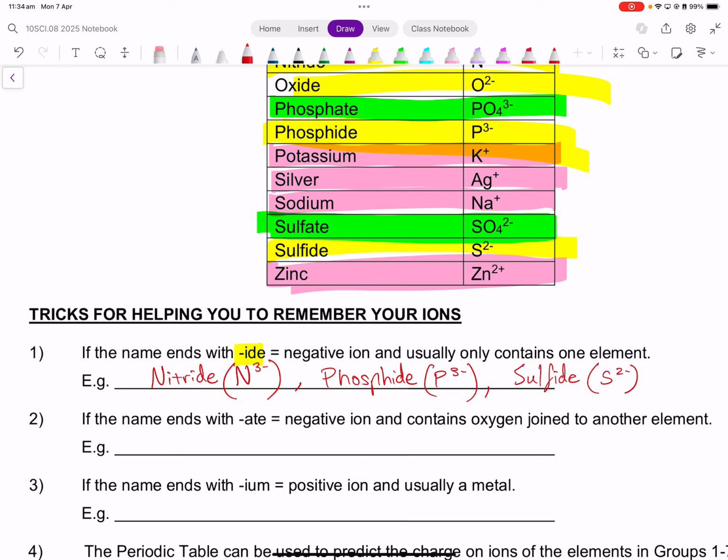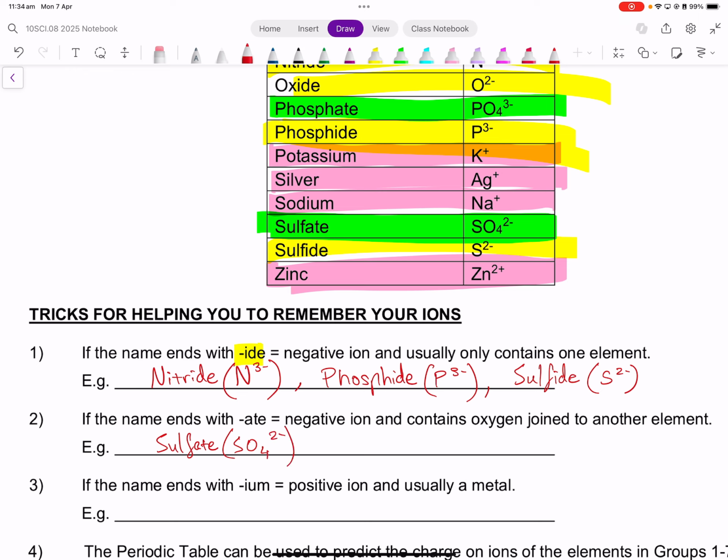Now, if it's a negative ion but it also contains an oxygen bound to something else, we call it a phosphate. These are some of the ones that we highlighted in green. Can you see two on the board right now that end in -ate, that include oxygen and have a negative charge? Sulfate and phosphate. Great. So our examples are, for this one, sulfate, SO4 2-.